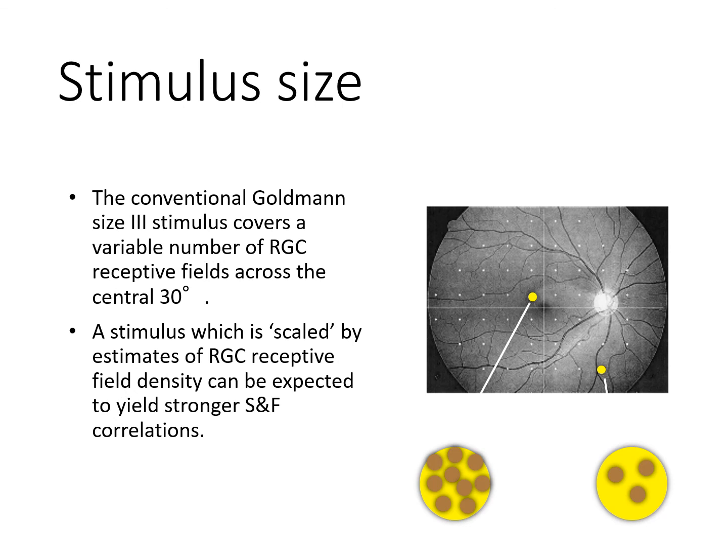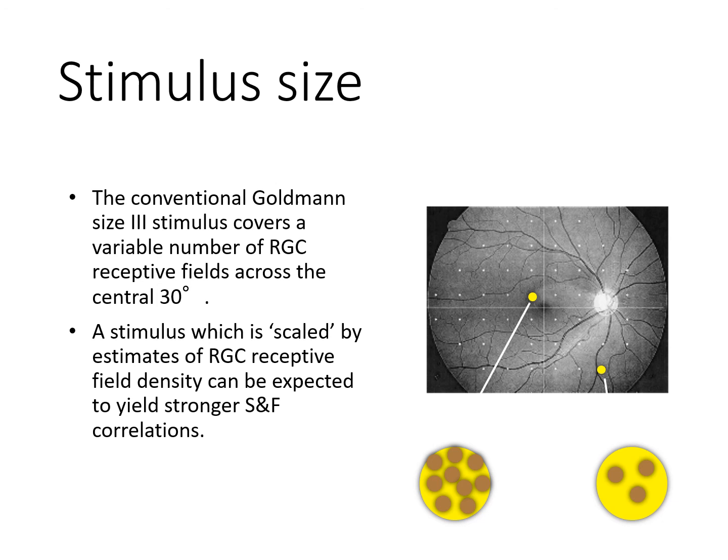Another problem could be due to the stimulus size. The stimulus size is always the same during the perimetric test, but we know that depending on the area that we are testing, there are different numbers of receptors and ganglion cells.